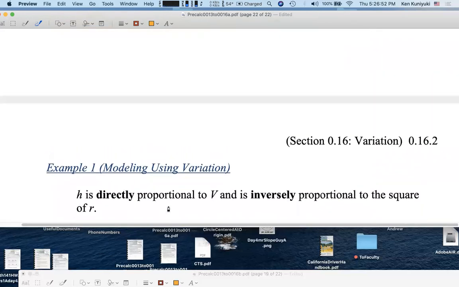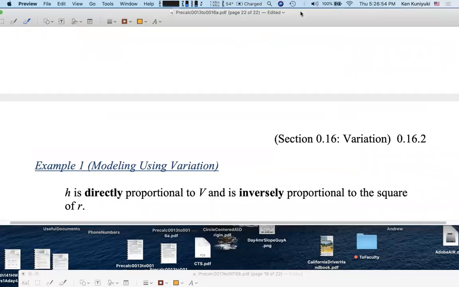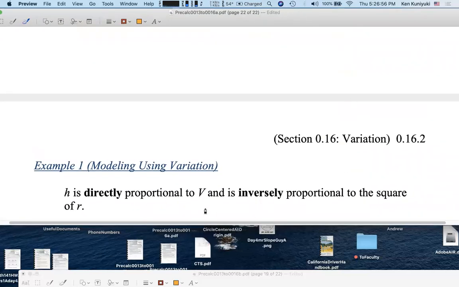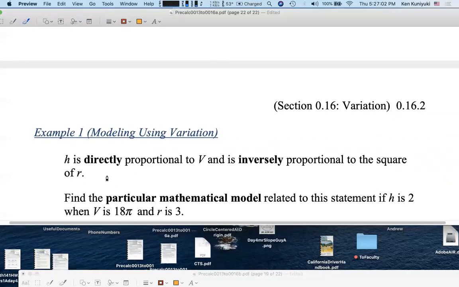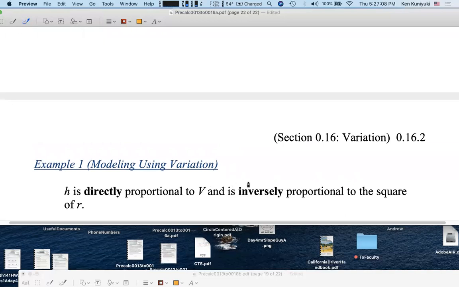Okay, example. H is directly proportional to V and is inversely proportional to the square of R. And first of all, we can find a general model where we write this as a single equation. In fact, let's do that right now. Let's write down the general model.